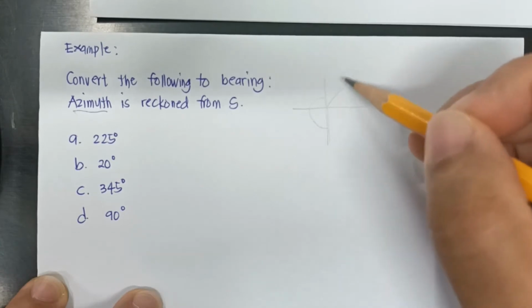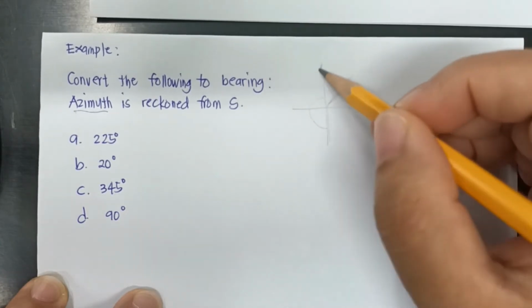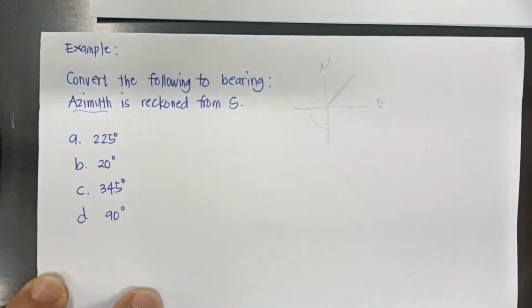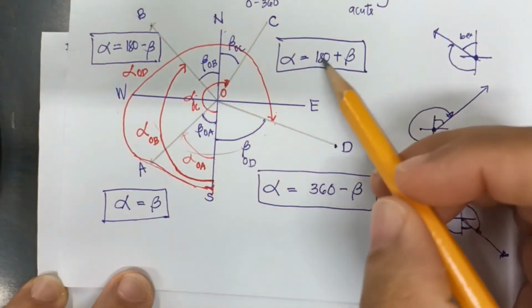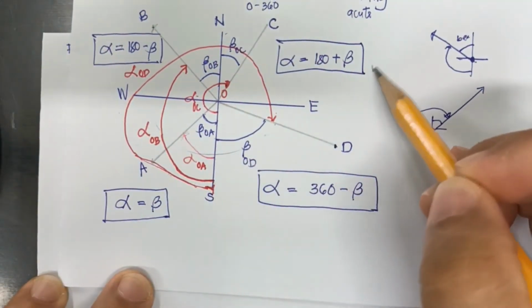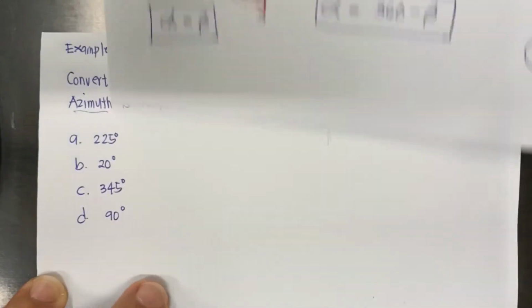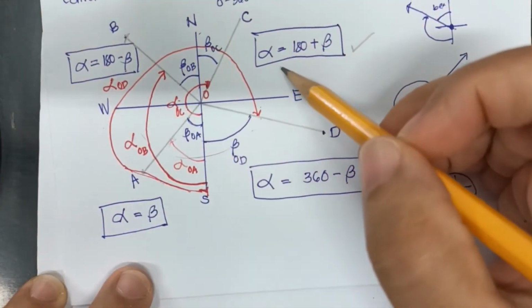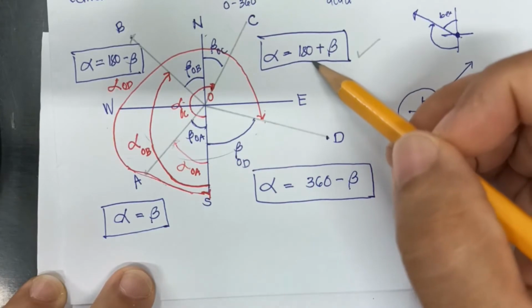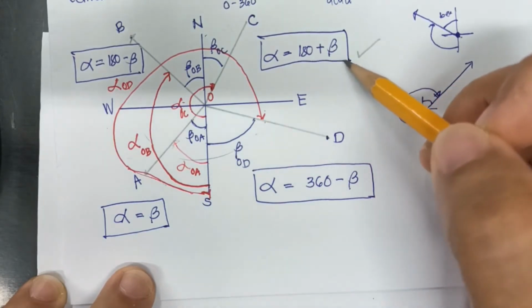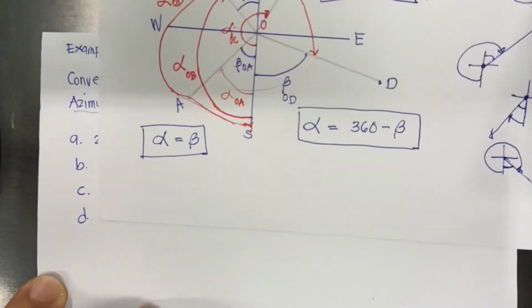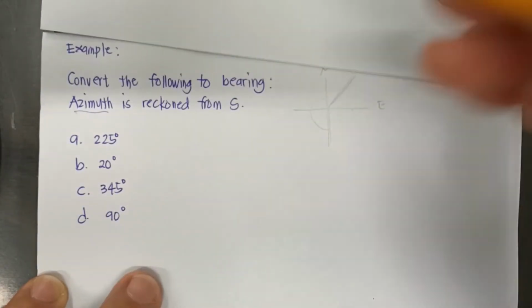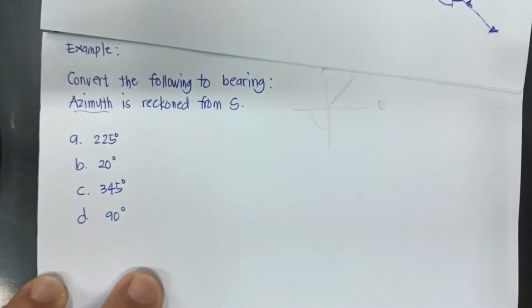Therefore, your line is somewhere in the northeast quadrant. You have to use this relationship: alpha, or azimuth, is equal to 180 degrees plus beta. Since we are asked to solve beta, or bearing, we can get it.